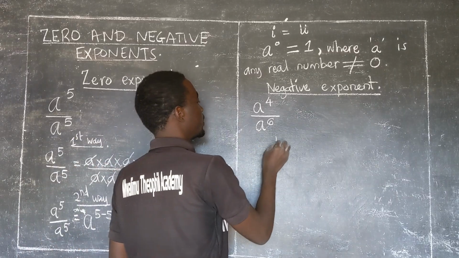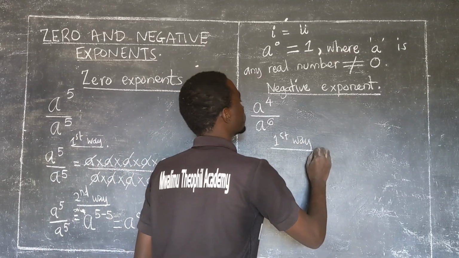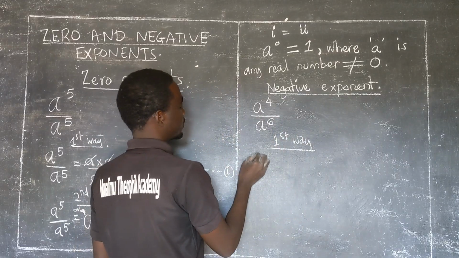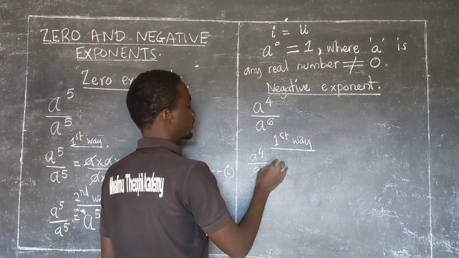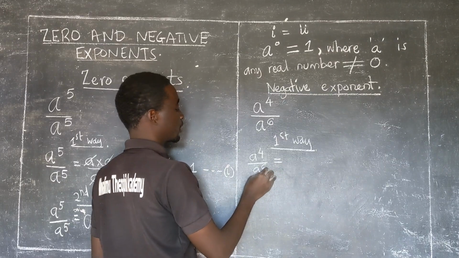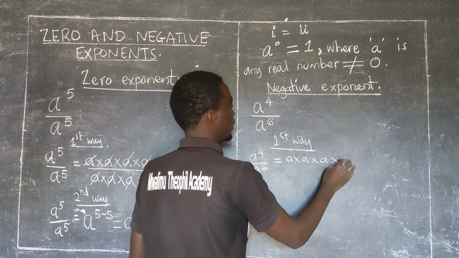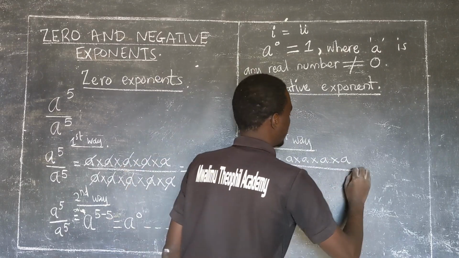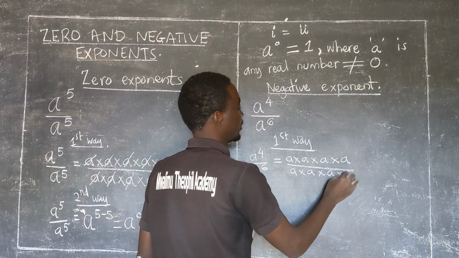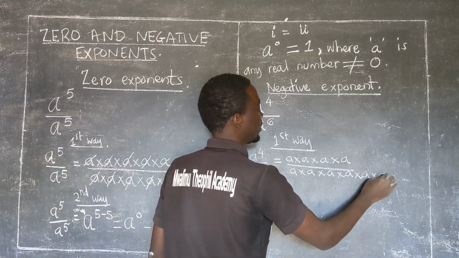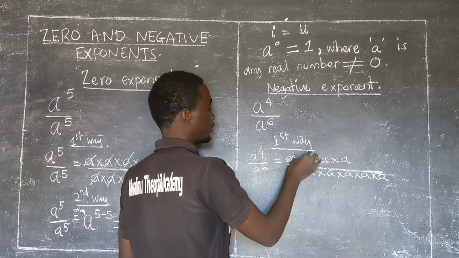The first way, we may say that a raised to 4 divided by a raised to 6 will be equal to a times a times a times a, 4 times, divided by a times a times a times a times a times a, 6 times.